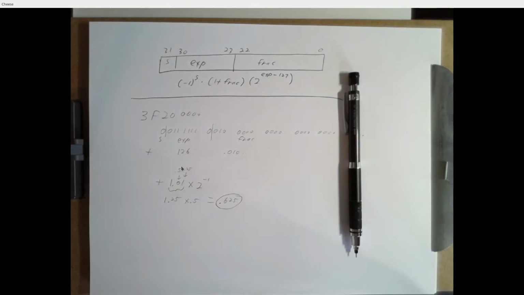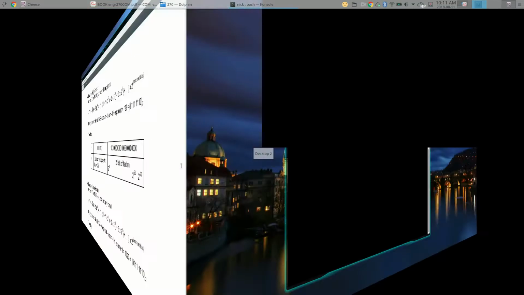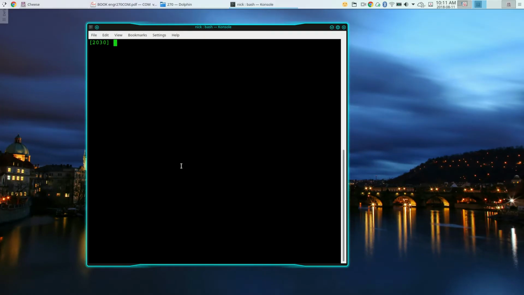So we can actually check that if we don't mind playing around a little with some Unix. So I have a little program here called f for float, and it has a single line of code which says x is a floating point number and its value is 0.625.